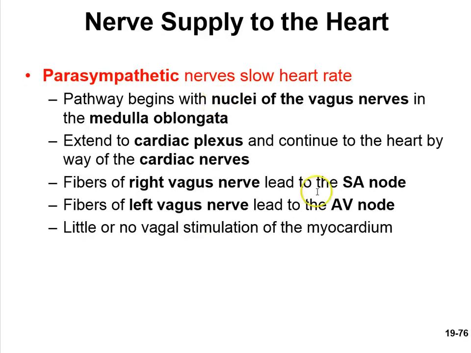And then the parasympathetic nervous system slows the heart rate down with that vagus nerve traveling from the medulla oblongata down to the fibers of the SA node and the AV node, with little or no vagal stimulation of the actual myocardium itself. And again, this can slow the heart rate.